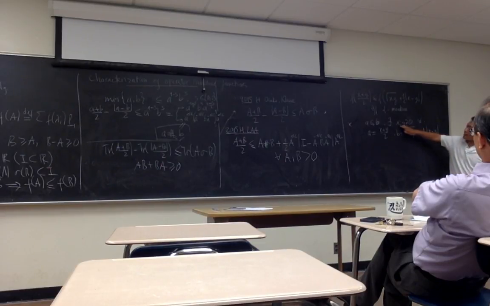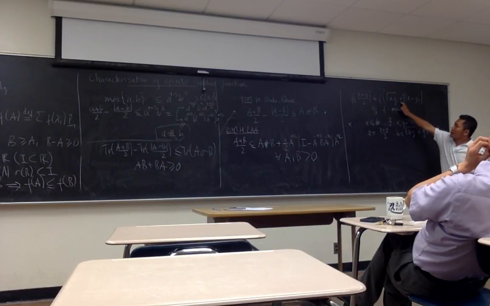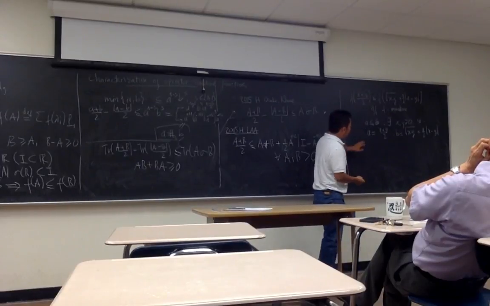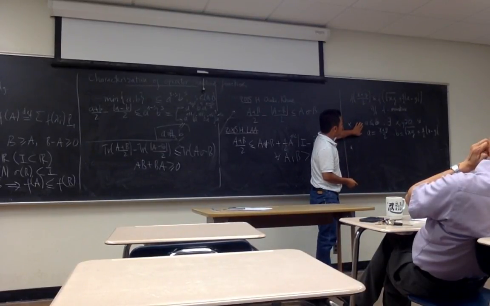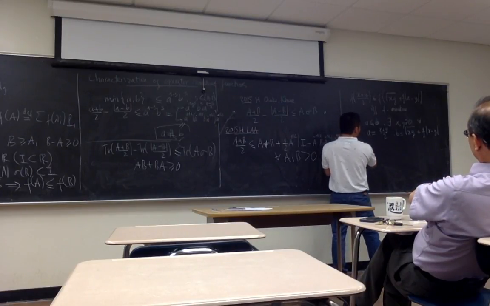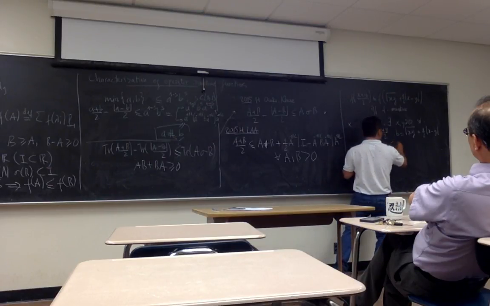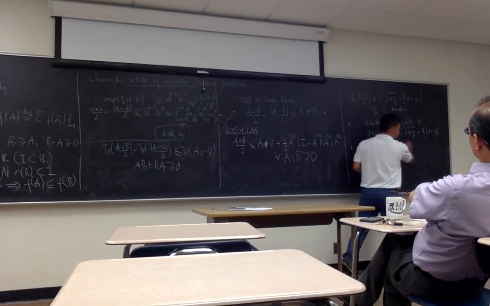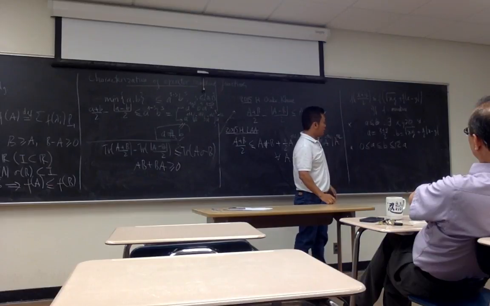If I can find such x and y, then from this inequality I will get the conclusion, right? And in the proof, actually I need to divide into two steps. The first step, I need to prove only the case when A less than B and less than square root of 2A. So I prove for this case first.